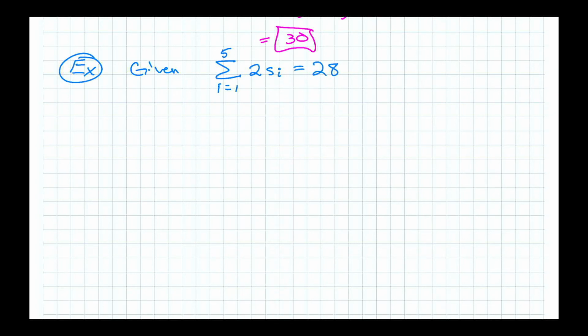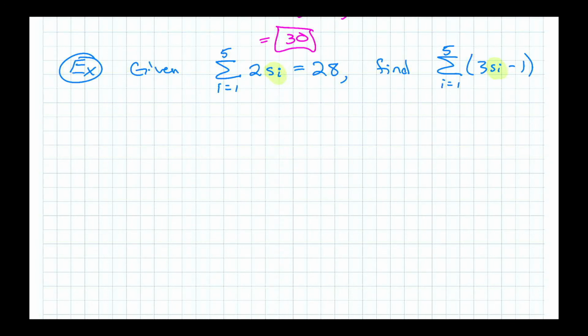They say find the sum, i goes from 1 to 5, of 3 s_i minus 1. And so here's the thing. They both refer to s_i, and we don't know what s_i is. So we're not going to be able to do much with those.